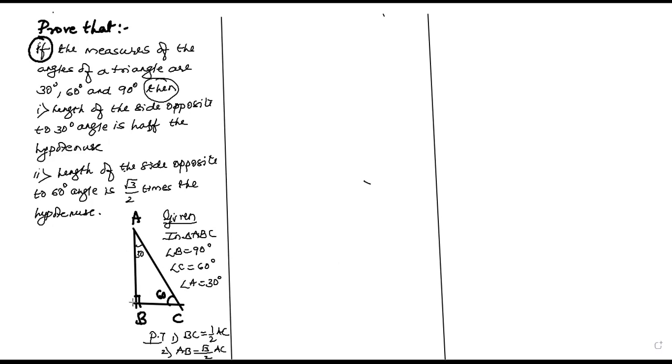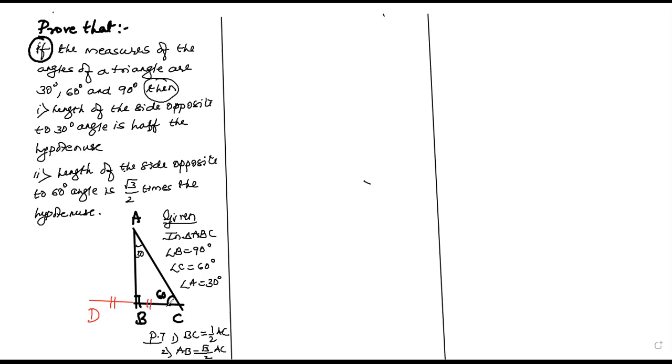So I know one idea. If I extend BC and mark a point D on it in such a way that B is the midpoint of CD, at least we can say BC is half CD.